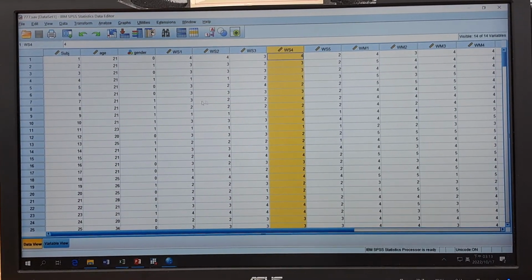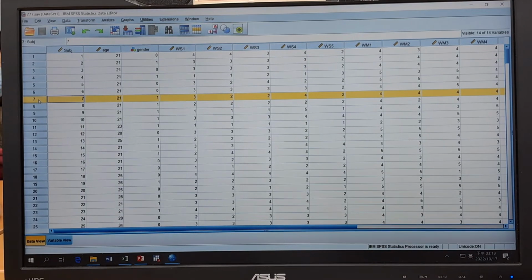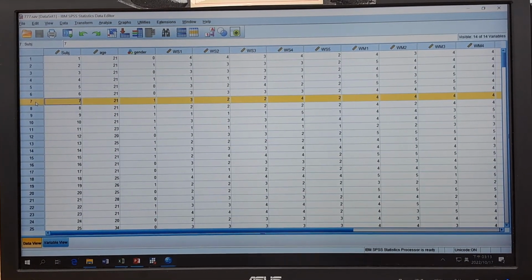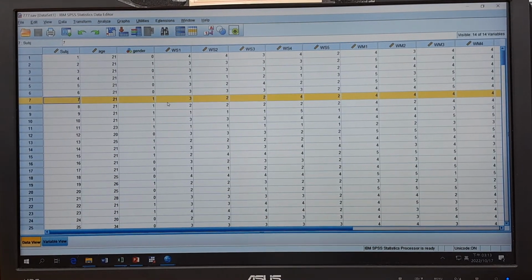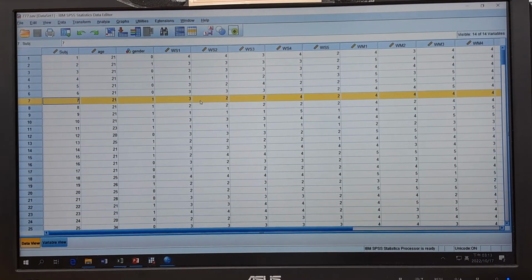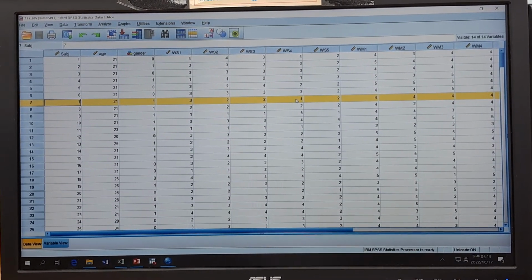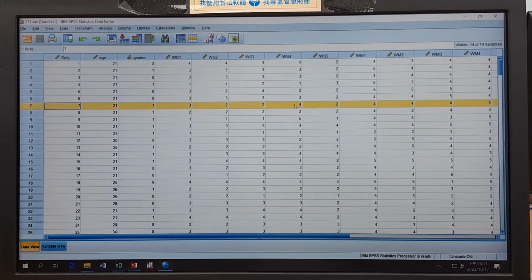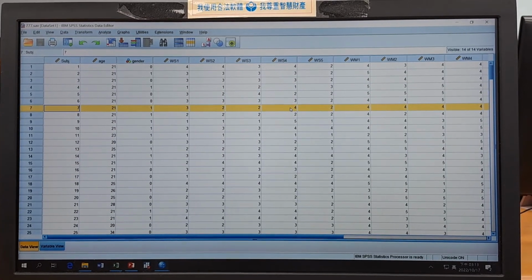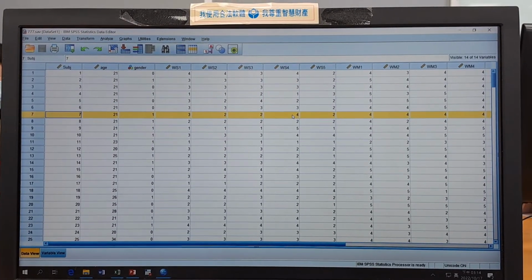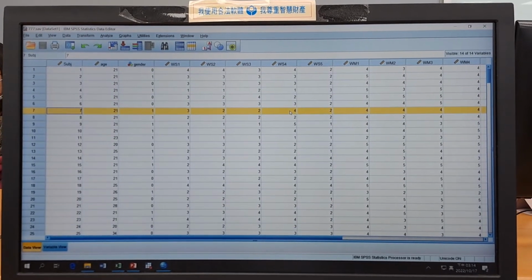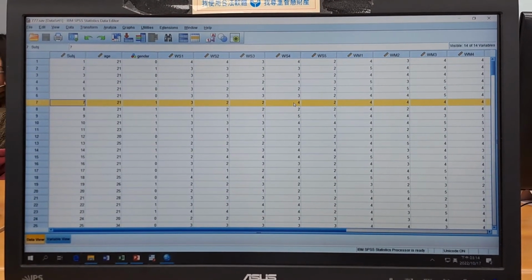Now please tell me subject 7. What is the number for WS2? What is the number for WS4? They are from the same person, subject 7. So we have to select the paired t-test because the two numbers are from the same person.